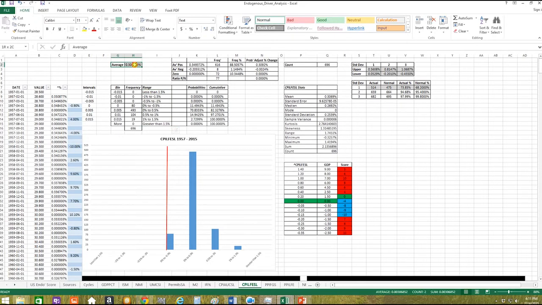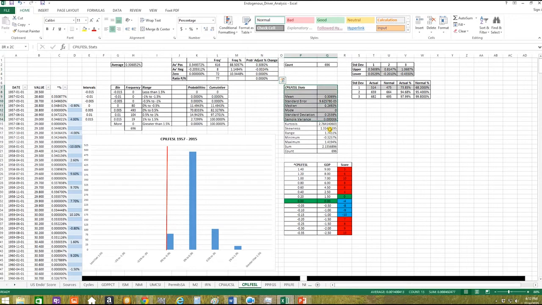We also have our overall average, and we also have our average positive case, average negative case, and our zero case, our frequencies, the percentage of times these happen, and our probability adjusted moves in the CPI X food and energy.